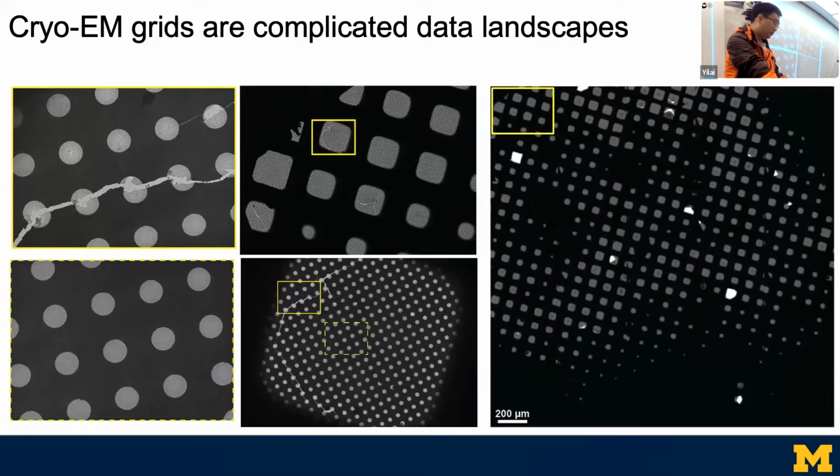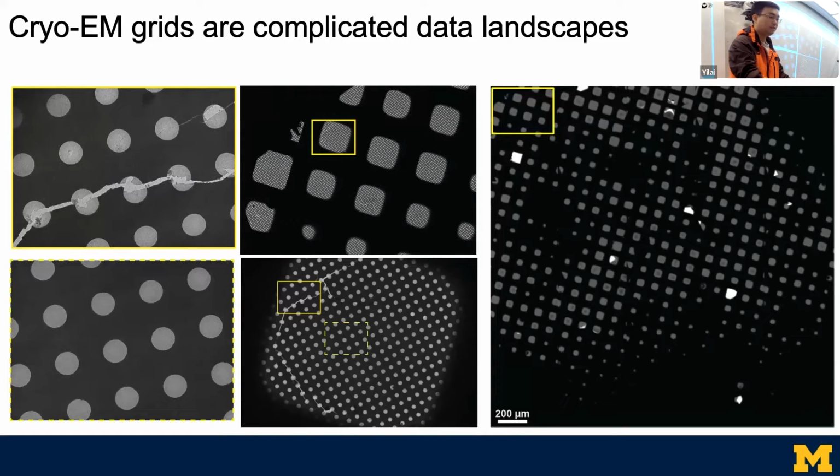So we're thinking of breaking this into two parts. The first part is to get a landscape of the data quality across the atlas, or at least across a part of the atlas. Here we're showing different layers of the different magnifications across this atlas.